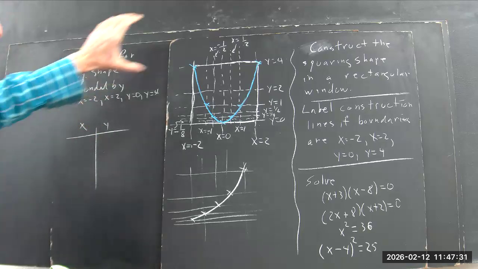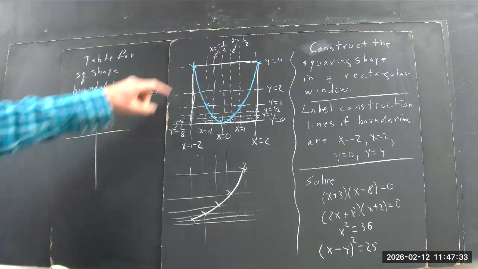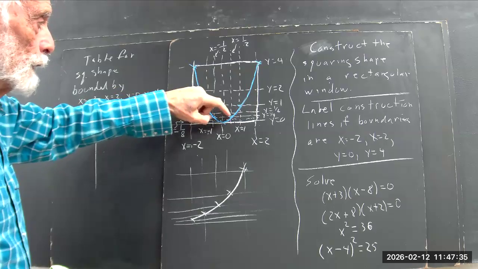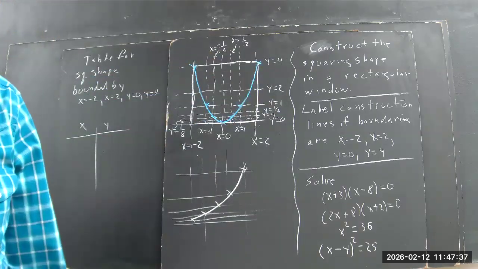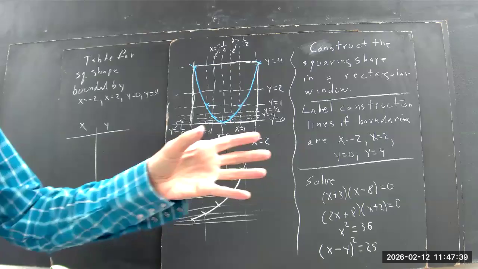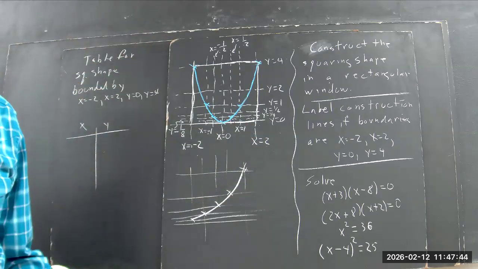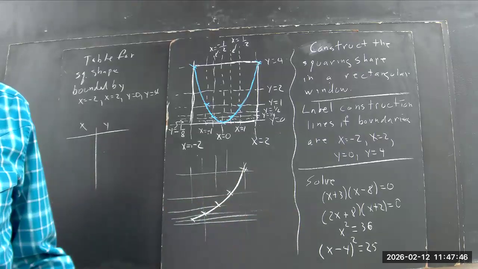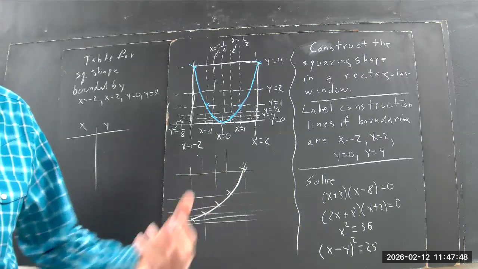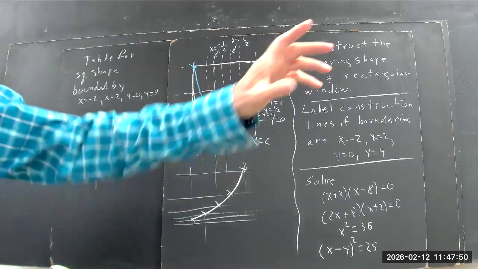Labeling a table for this means I take these construction points. Just the construction points. That's really all you need to get the good shape.